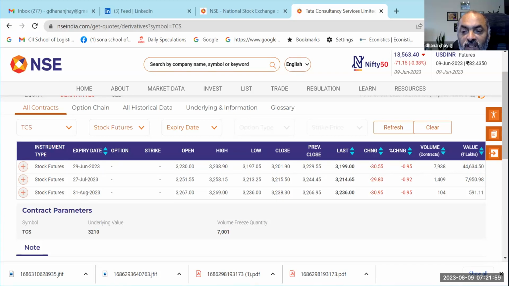Now, what is this daily settlement price? Now you should remember, suppose this TCS futures 29 June 2023 contract I have purchased.